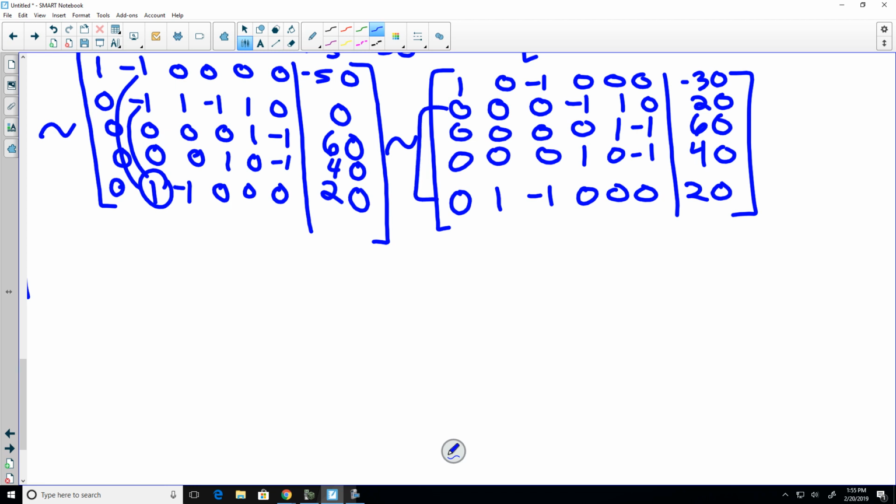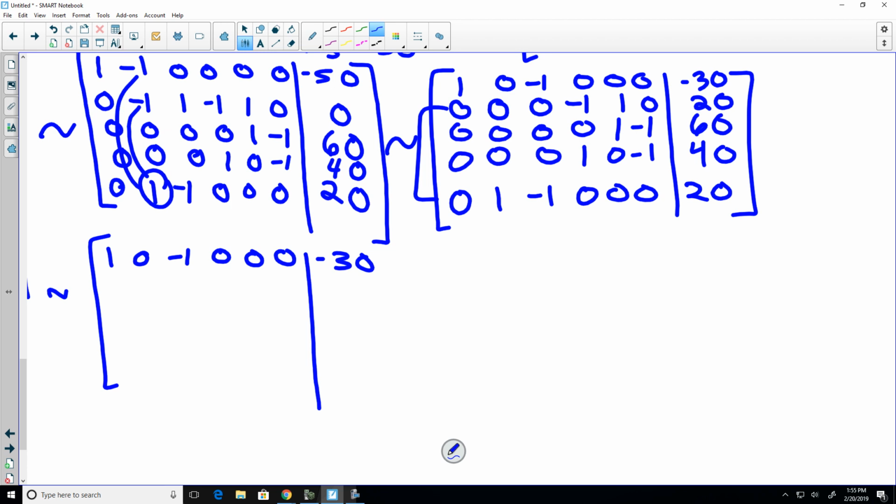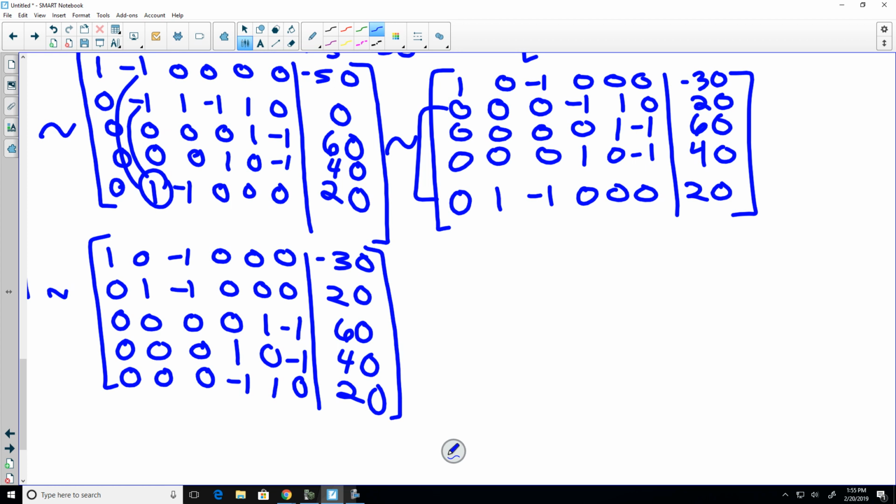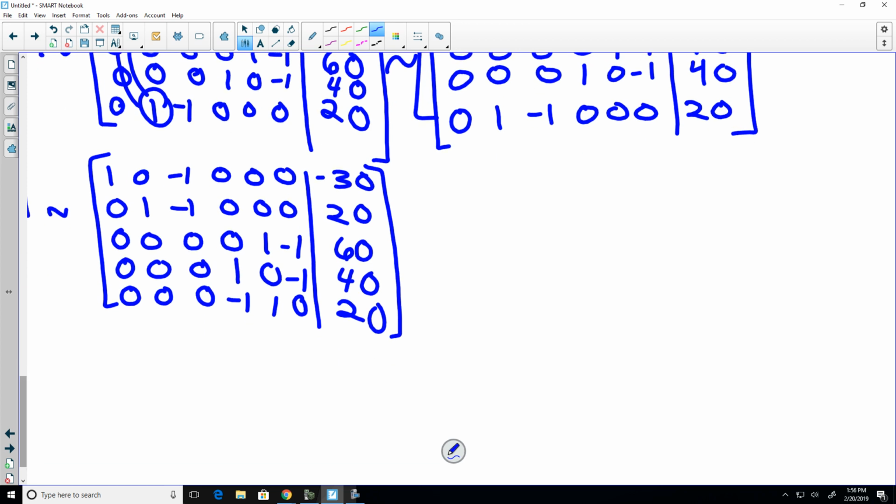Let's switch these 2 rows. So I got this pivot and this pivot. So I need this 1 here, so I need to swap those two.